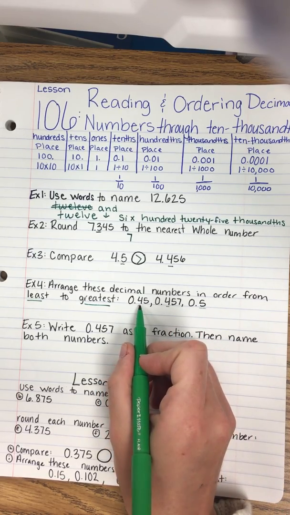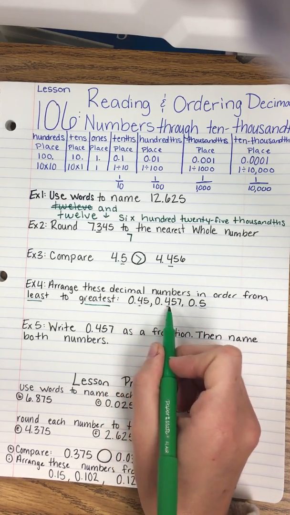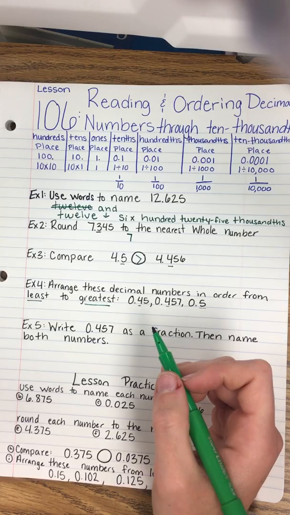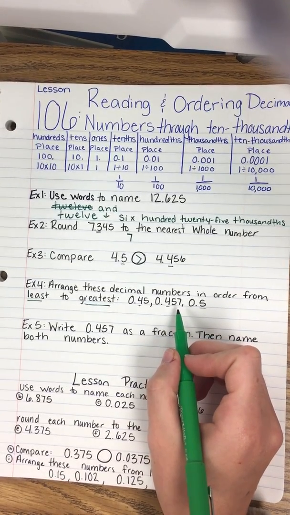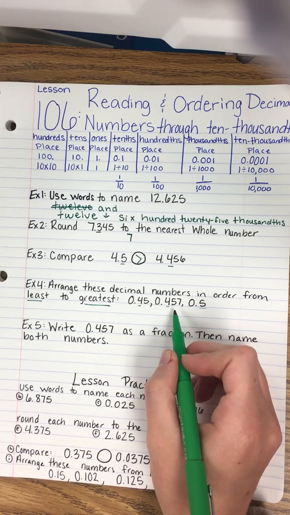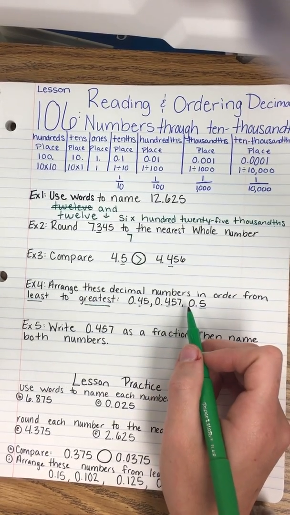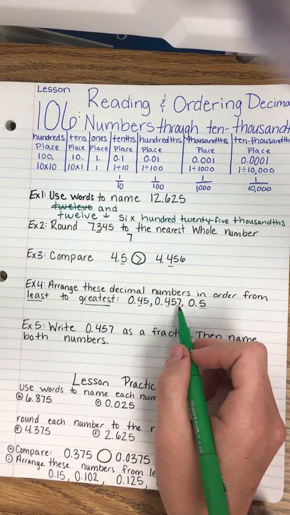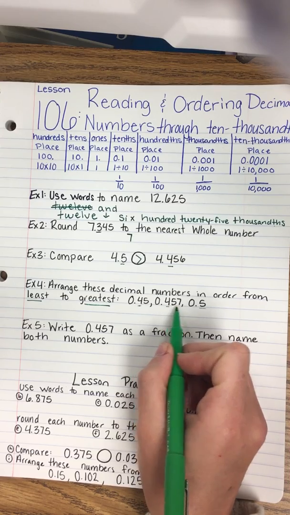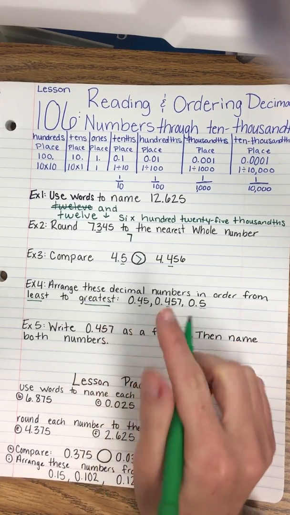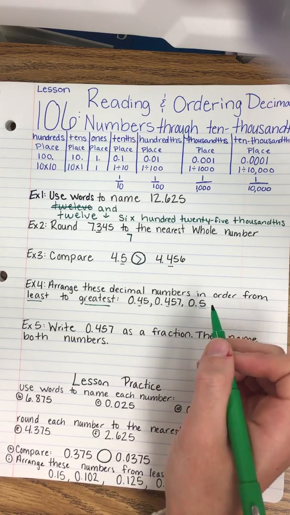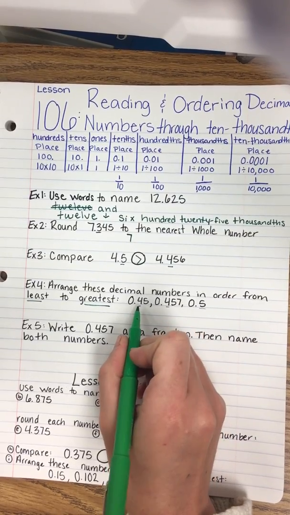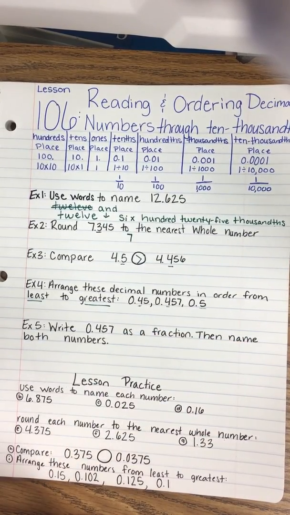This first number, 45 hundredths, and 457 thousandths both have 45 as their first two digits. The only difference is that this middle number has a 7 here. That 7 adds value, not much, just 7/1000ths, but it is still value. So that makes this one greater than this one, and that puts them in order as the least, middle, and greatest, just like this.